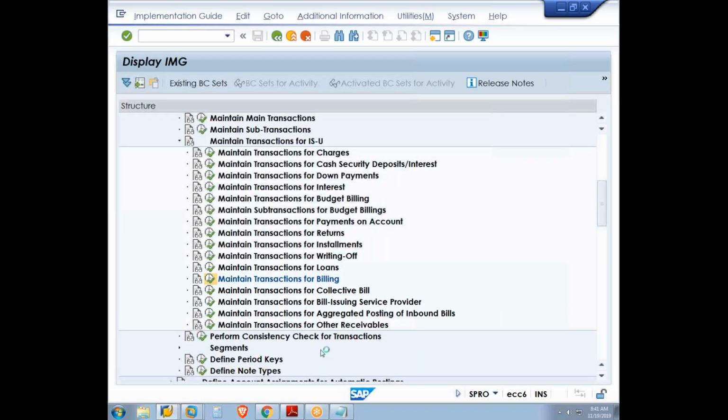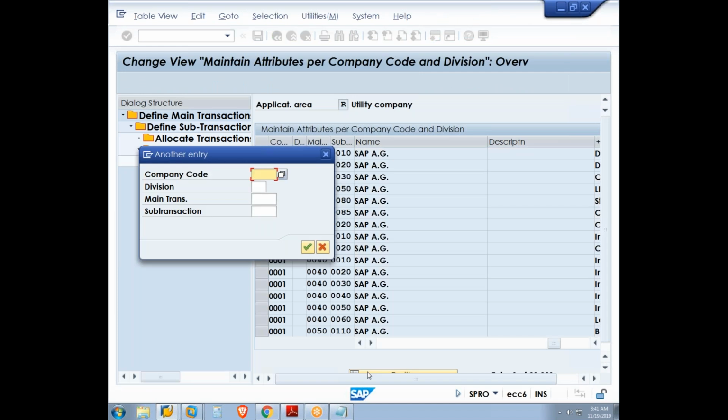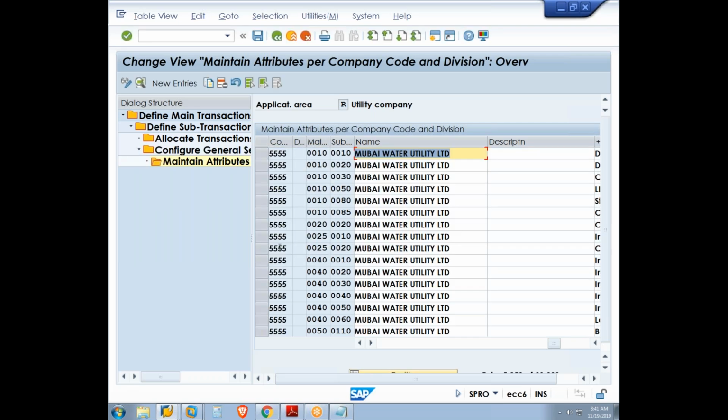Again, select the last one. Actually, you can copy also, but let us see whether I can copy it. So 555. These main transactions already got copied because they will be required in the future when you're doing security deposit charges.